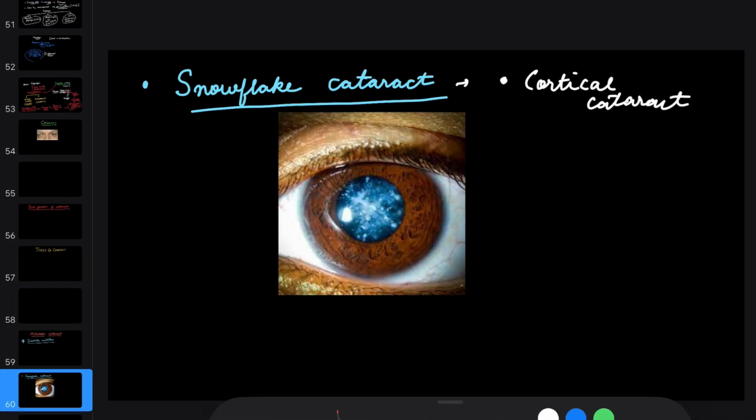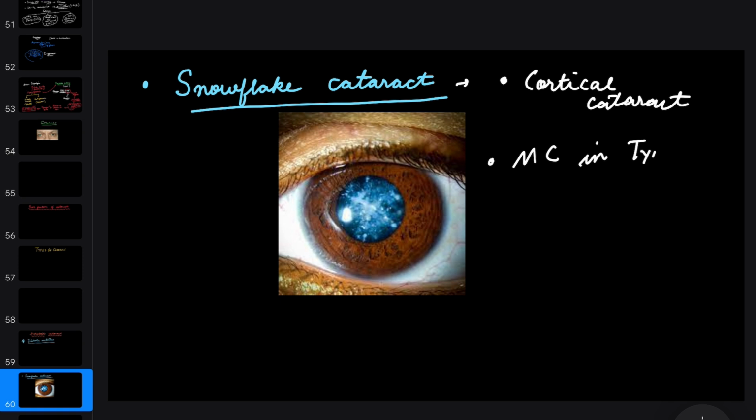Now, what else? The second thing is that this is the most common type of cataract in type 1 diabetes mellitus patients. Type 1 diabetes mellitus is basically in young people, whereas the pre-senile cataract is in older people, less than 50 years of age.